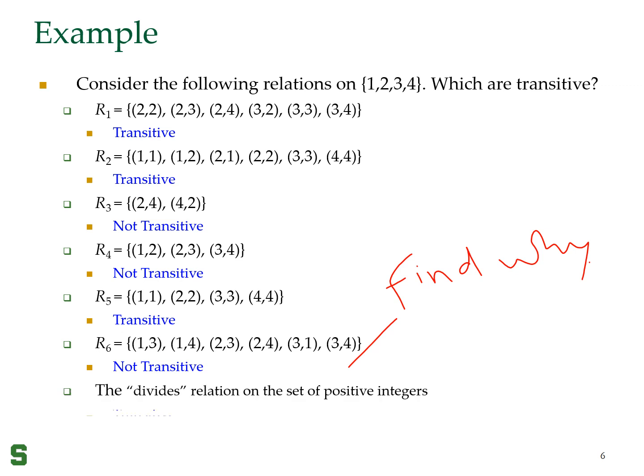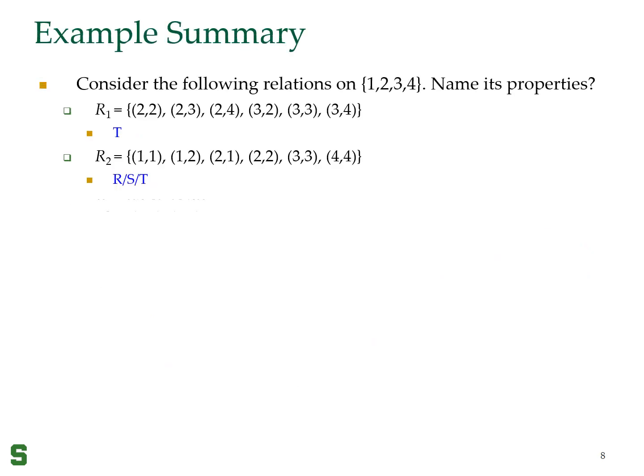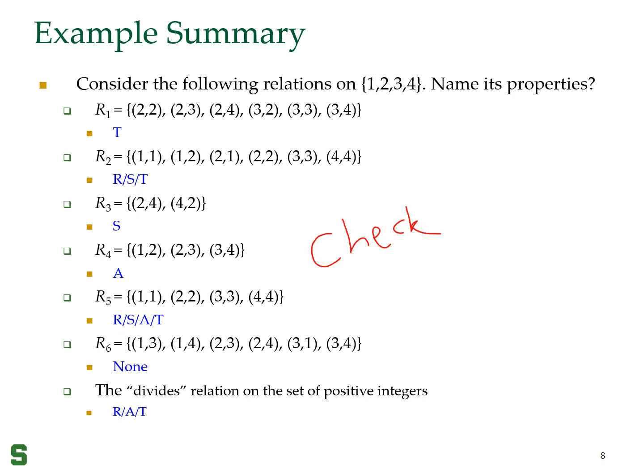The divides relation is transitive because if A divides B and B divides C, then A divides C. So here is the summary of what we did so far. I want you to make sure you understand each of these as to why this is true, that is, why the relation has the given property or doesn't have the given property.